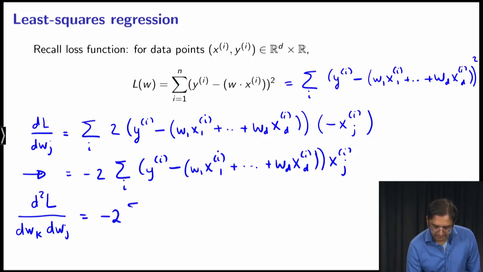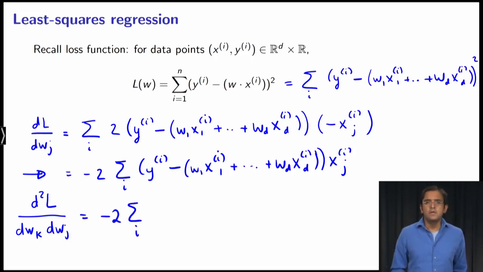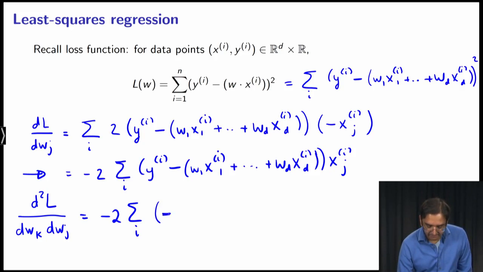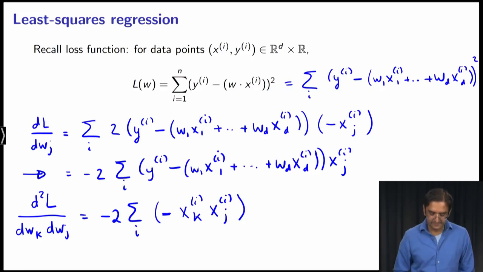And what do we get? Well, for the term in the middle, there's only one term that involves w_k. So we get negative x_ik times x_ij. Okay?